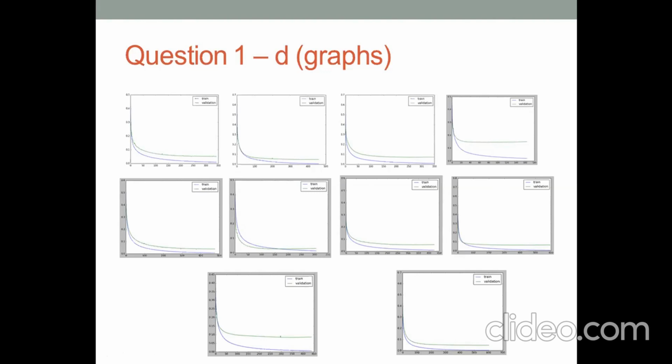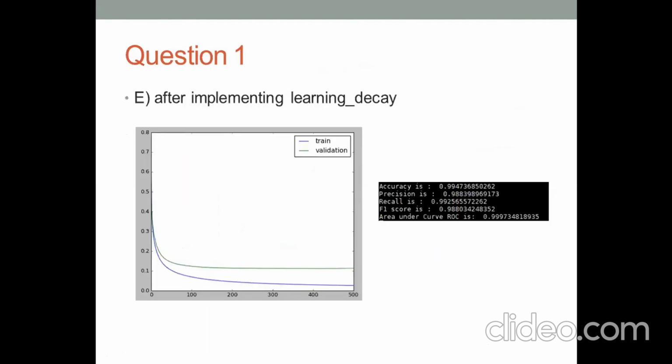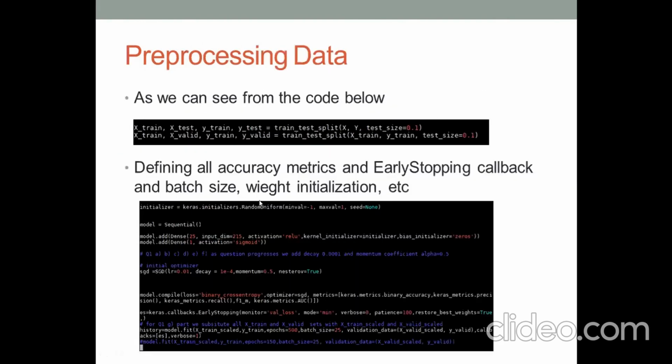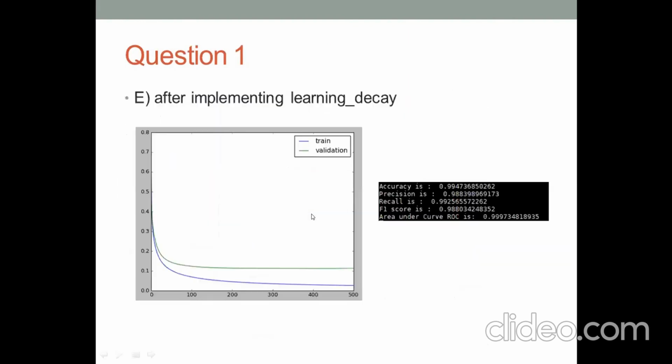Question 1E. So in here, I implemented the decay, as we saw from, sorry for going back. In here, I uncommented the decay and commented everything else, and got this. This is training versus validation loss. These are the metrics. Question A, we were asked to repeat parts A, B and C, I think. So I repeated them and got the plot and the metrics with accuracies. The accuracy, we can see it's higher.